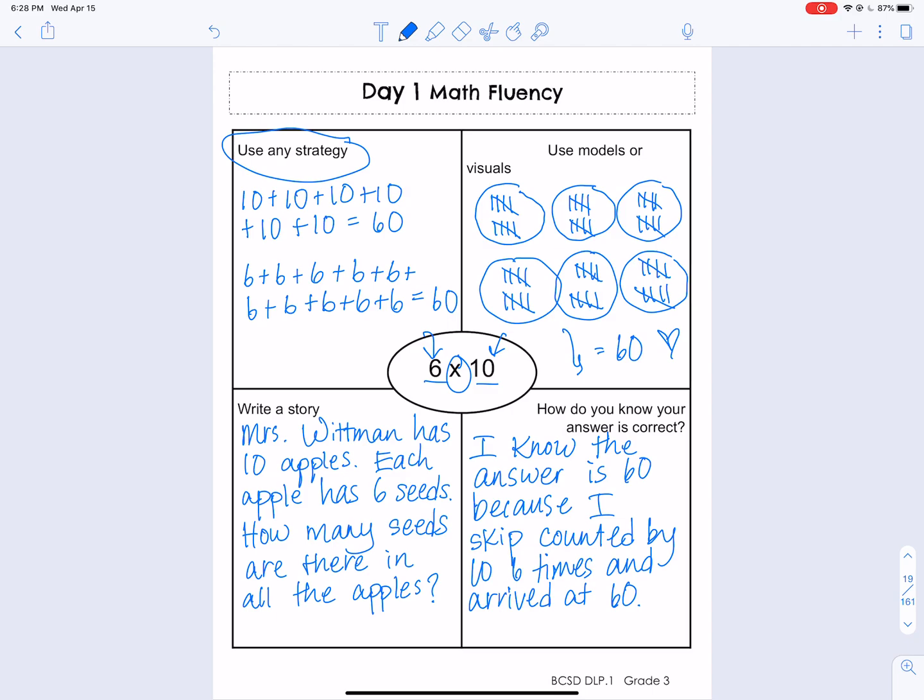All right, so that is the standard procedure for how you would complete the Math Fluency page, and you would do it the same way every single day, except of course the math fact is going to change from day to day.